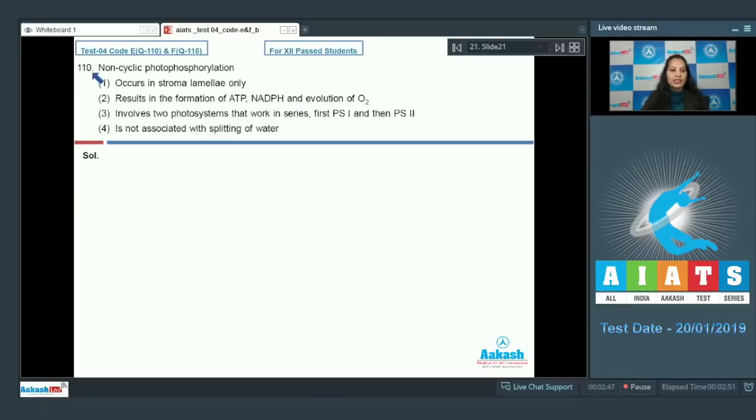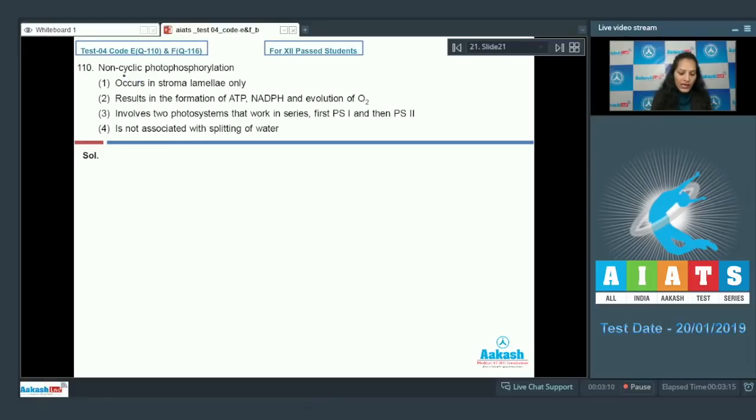Question number 110. Non-cyclic photophosphorylation, first option, occurs in stroma lamellae only. Second, results in the formation of ATP, NADPH and evolution of O2. Third, involves 2 photosystems that work in series, first PS1 and then PS2. Fourth, is not associated with splitting of water.